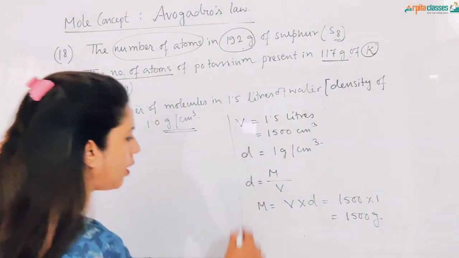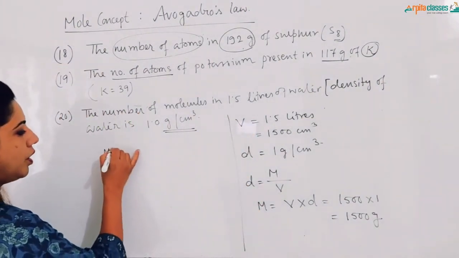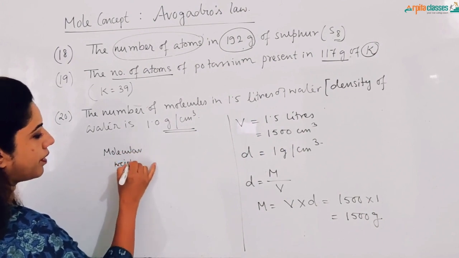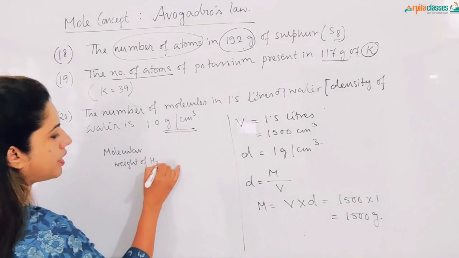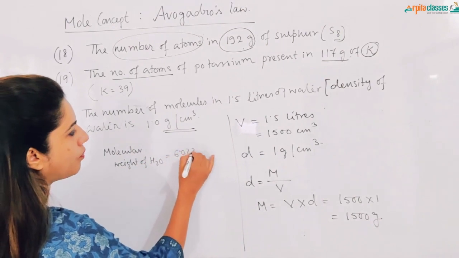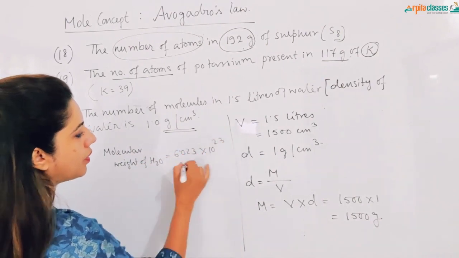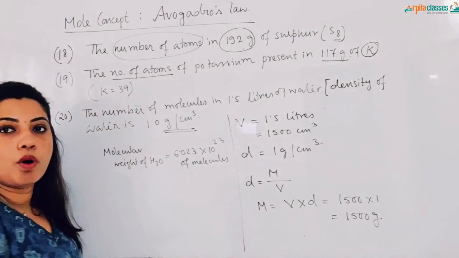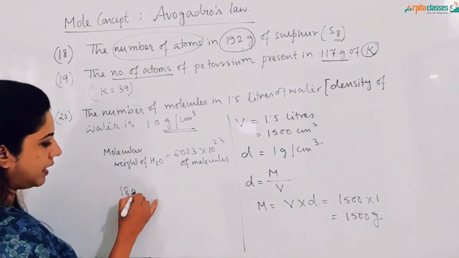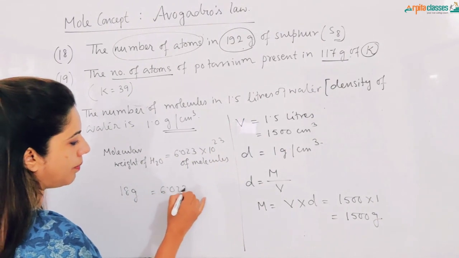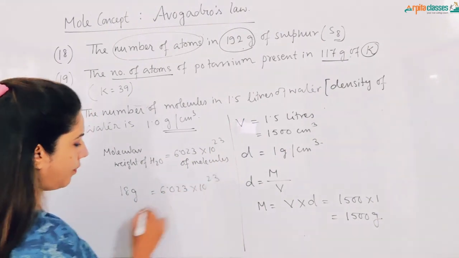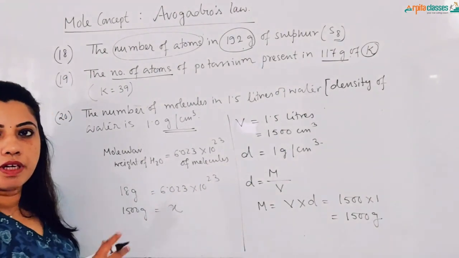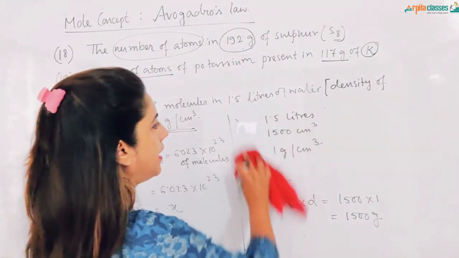So we know that molecular weight of water is equal to Avogadro number of molecules. Now, molecular weight of water is 18 grams. So we'll write 18 gram is equal to Avogadro number of molecules. Therefore, 1500 gram is equal to how much? So now we need to cross multiply, get the answer and write it here.